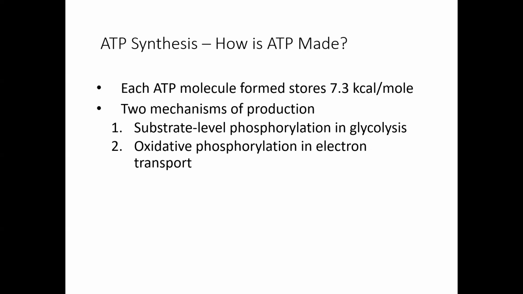We use the energy from the electrons to pump hydrogens into the area between the two membranes, called the inner membrane space. The hydrogens are going to diffuse back into the matrix of the mitochondria. And in doing so, they run through this device called an ATP Synthase enzyme, and it makes ATP.